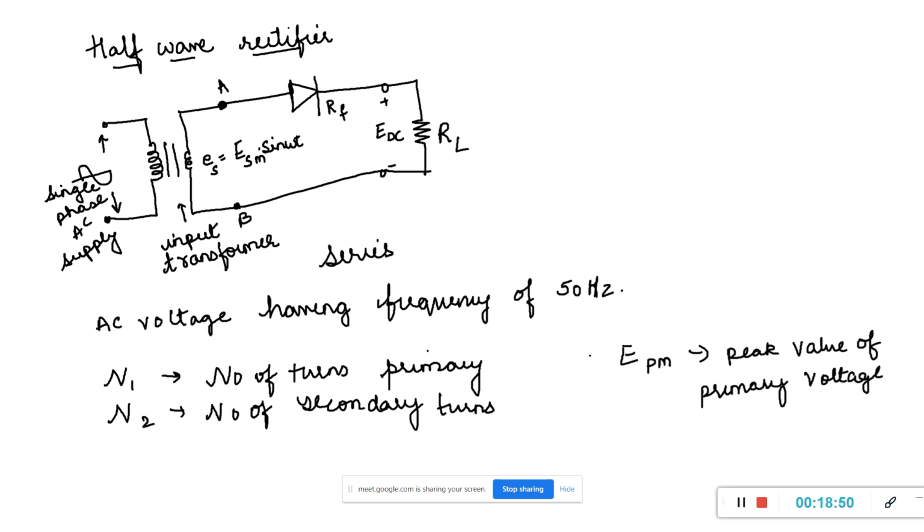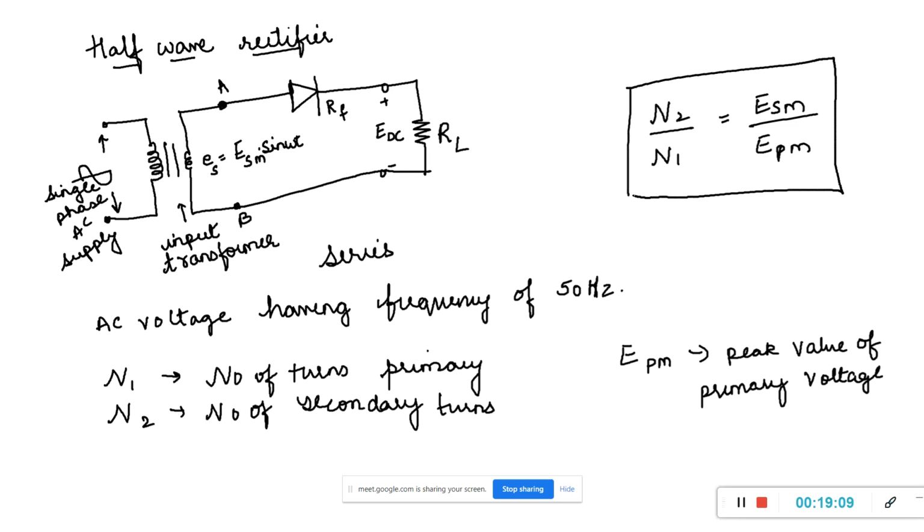So we have one very important equation: N2 by N1 is equal to ESM divided by EPM. In the problems it may be asked.